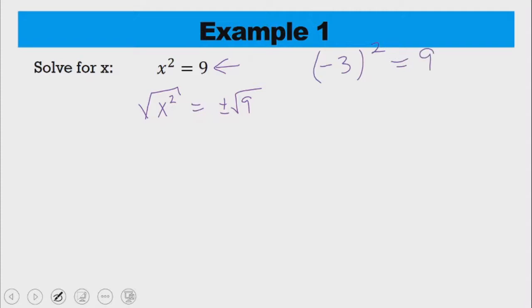So whenever you are taking the square root of both sides of an equation, you need to put the plus or minus. In this case, x equals plus or minus 3, and that's the answer. Negative 3 or positive 3, that's your answer right there.